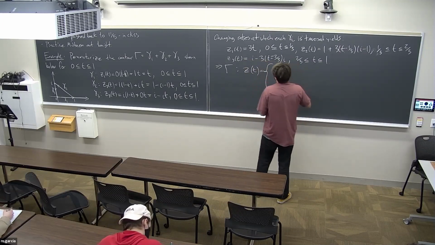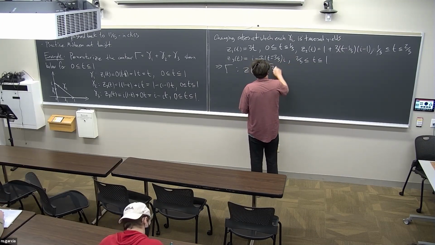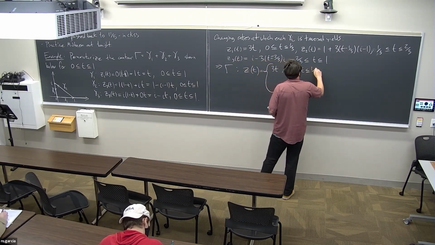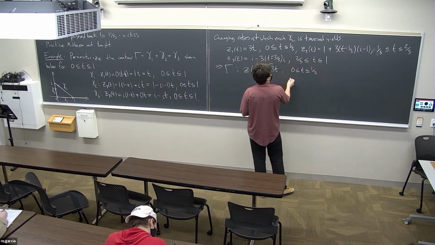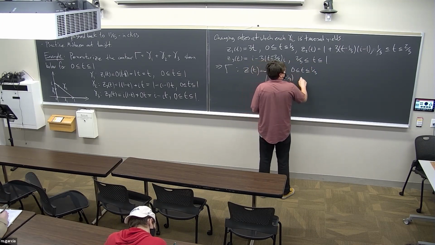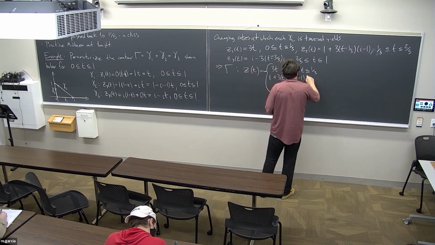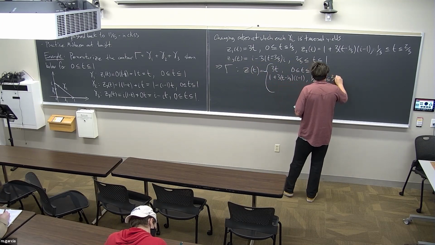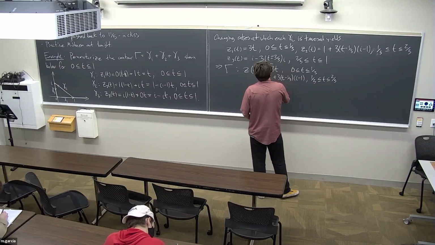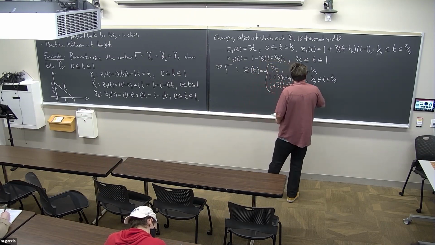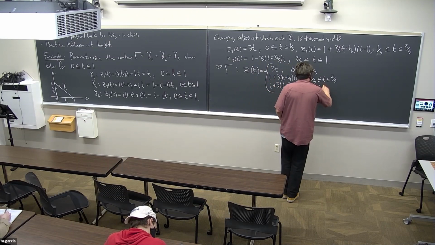So each of these equations: 3t for t between 0 and 1/3. 1 plus 3 times t minus 1/3 times i minus 1 between 1/3 and 2/3. And finally, i plus 3 times t minus 2/3 i for t between 2/3 and 1.